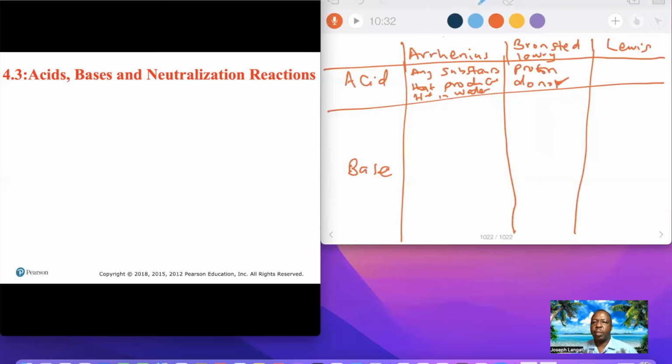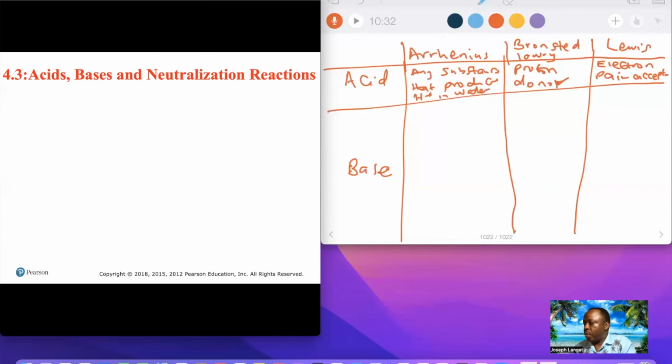Arrhenius acid, any substance that produces hydrogen ion when dissolved in water, is Arrhenius acid. Proton donor is Bronsted-Lowry. And then here is electron pair acceptor. It accepts electrons.